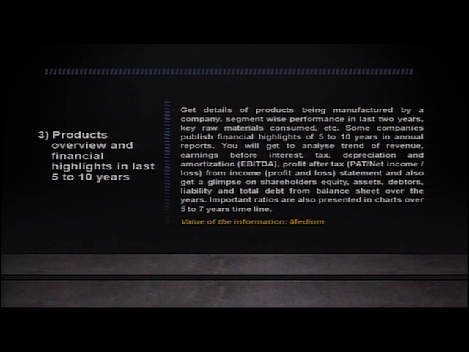GAAP, the full form of GAAP, is generally accepted accounting principles. Whenever we talk about GAAP, which is Ind AS or IGAAP that we discussed a while ago, that is something the company would use to prepare its financial statements. The balance sheet, profit and loss, cash flows, and notes to accounts would be GAAP information, which we would be discussing separately towards the later part.